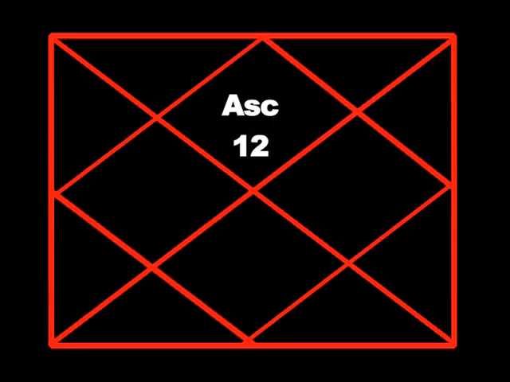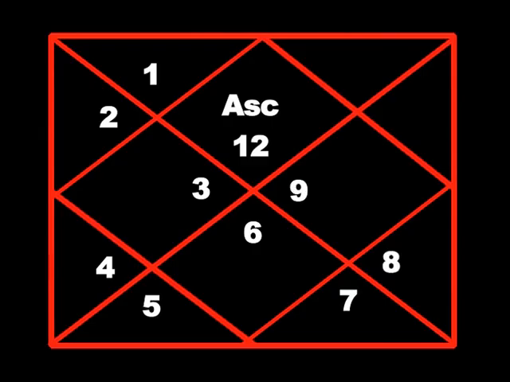Now go anti-clockwise: put sign number 12, then anti-clockwise 1, 2, 3, 4, 5, 6, 7, 8, 9, 10 and 11, and this becomes your full natal horoscope, and Pisces is your ascendant and Lagna with the degree 25 degrees and 19 minutes.